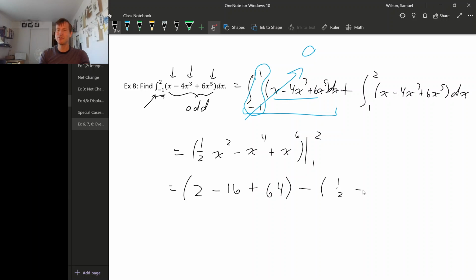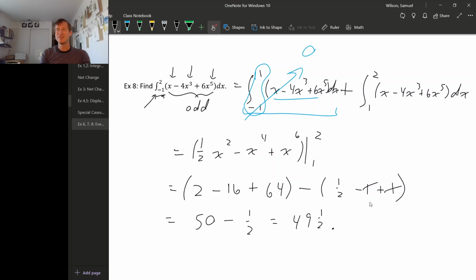So 1/2 minus 1 plus 1. So these cancel. So let's see, 2 minus 16 is negative 14, plus 64 is 50, minus 1/2, so 49.5.